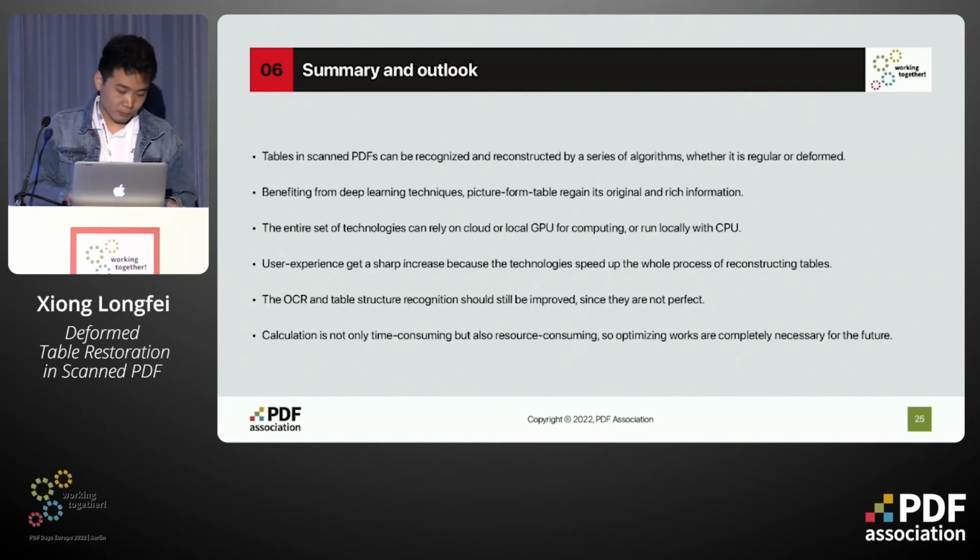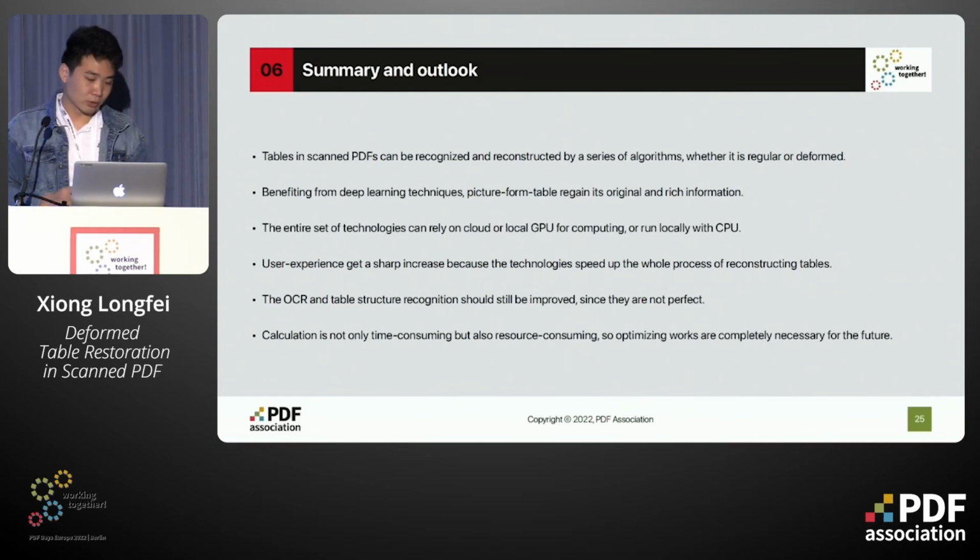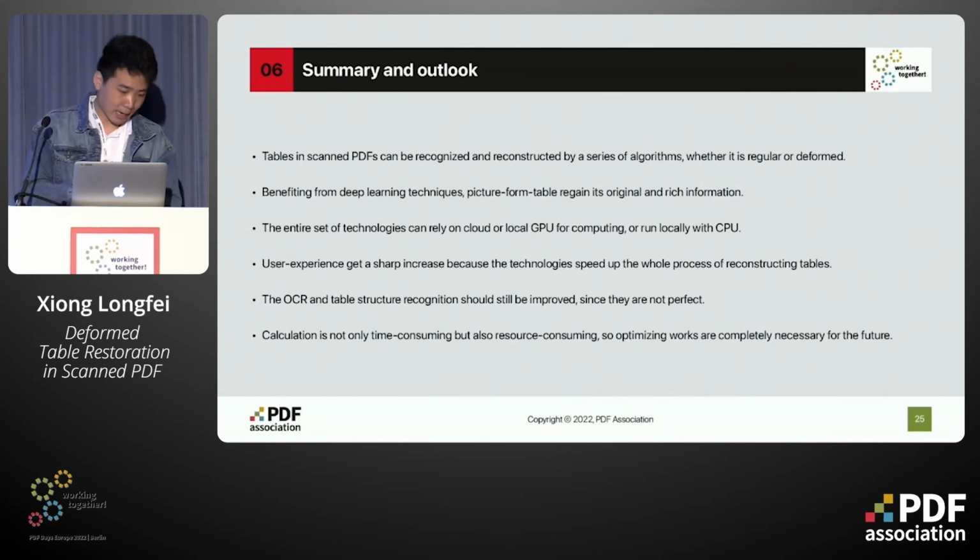In conclusion, using our current solution, tables in scanned PDFs can be recognized and reconstructed by a series of algorithms, whether regular or deformed. Benefiting from deep learning techniques, pictures of tables regain their original and rich information.